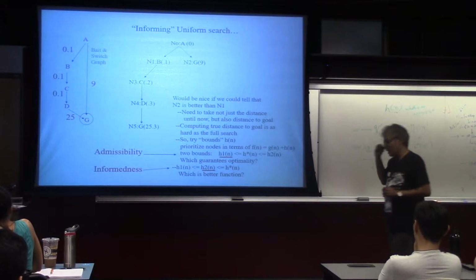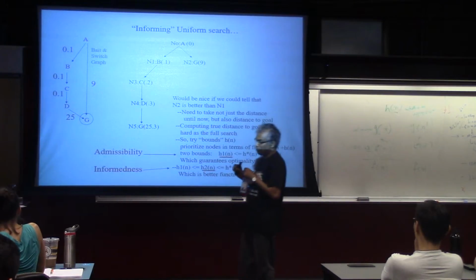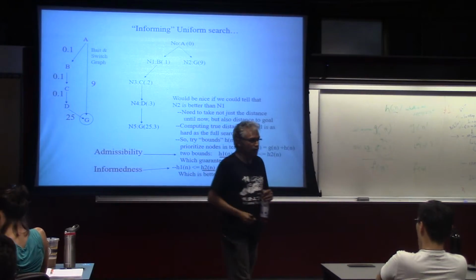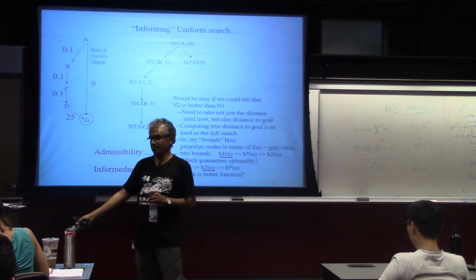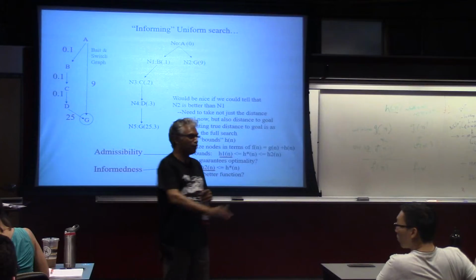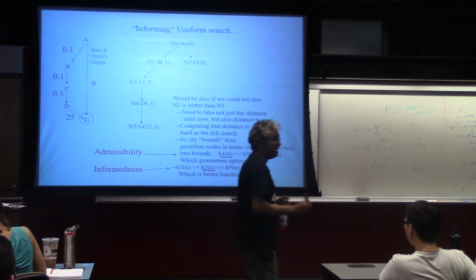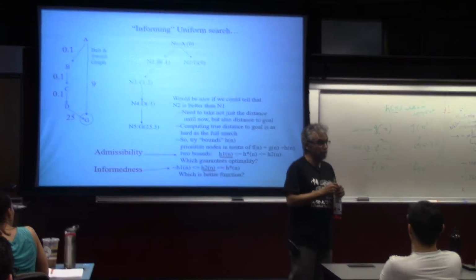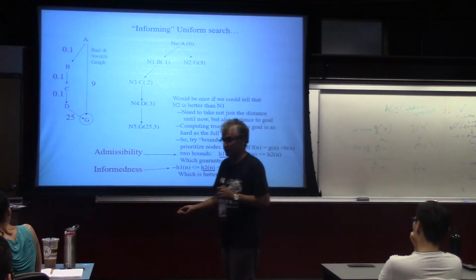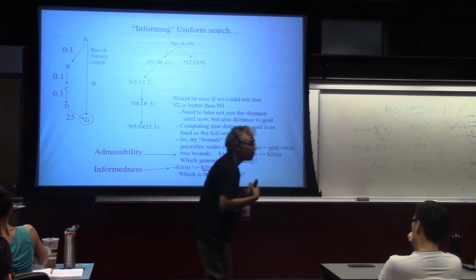I'll do this in two phases. First, I want to make you understand that if I were to get an approximation that is a probable lower bound, that means it's never going to be greater than H star of n for even a single node. Remember, this is an approximation for every search node. Each search node has a separate H star value.